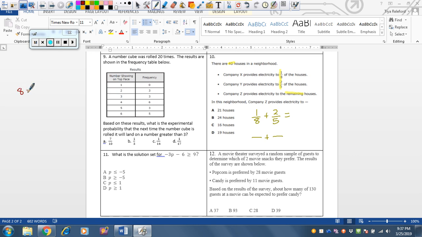If you look at all your 8s, and you look at all your 5s, the first number they both have in common is 40.